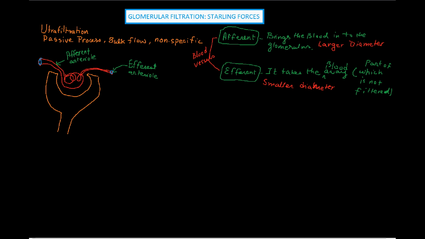Now, the blood is coming from the renal artery, and then it is going through the afferent arteriole, then it is going to the glomerulus. So the first step of filtration occurs right here.